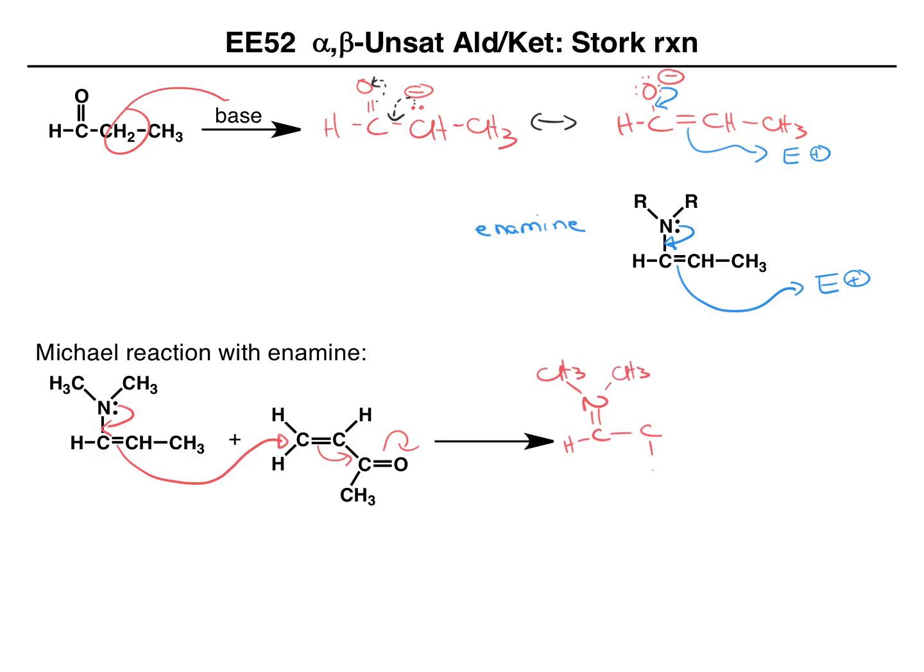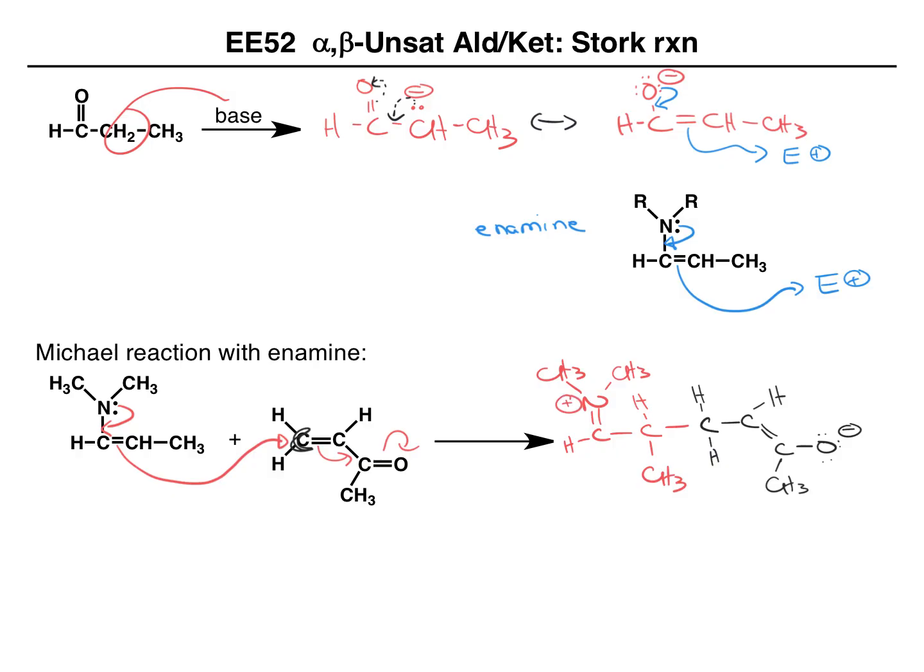This carbon is still connected to the CH3, but now it is connected to this carbon. Single bond, double bond to this carbon, single bond to the oxygen. This is still connected to the CH3, and here we have our H's. And sorry, I forgot an H back here. All right, so this was the enamine, and this was the alpha beta unsaturated ketone. And I also forgot the positive charge on the nitrogen. There we go. That looks better.